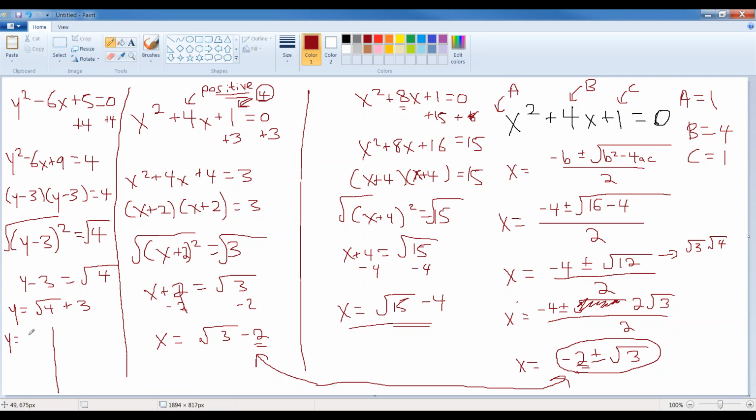So y equals positive 2 plus 3, and y equals negative 2 plus 3, which means y equals positive 5 and y equals positive 1. And both of these are the correct answers. We have 2 answers for everything. We've got positive the square root of 3 minus 2 and negative the square root of 3 minus 2, which is the same thing. So there's 2 answers no matter what we do.